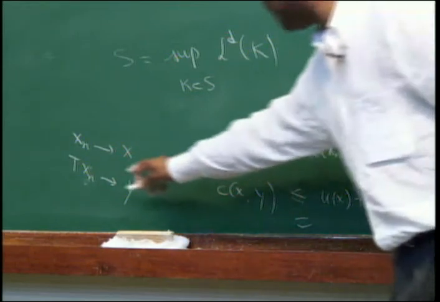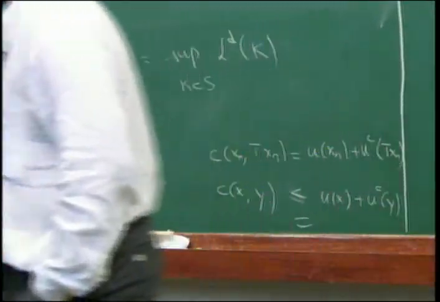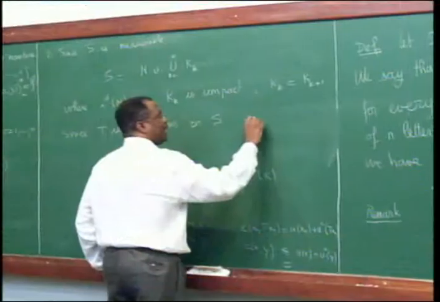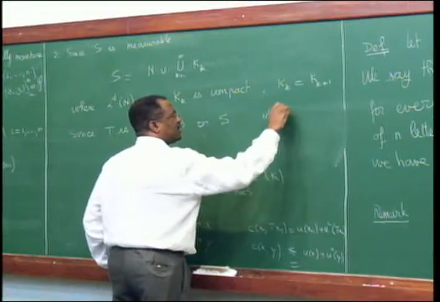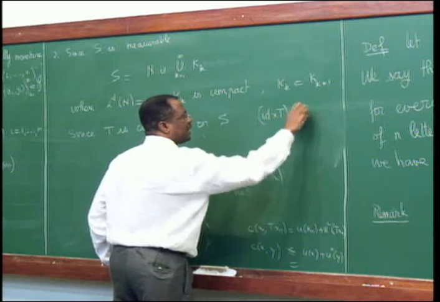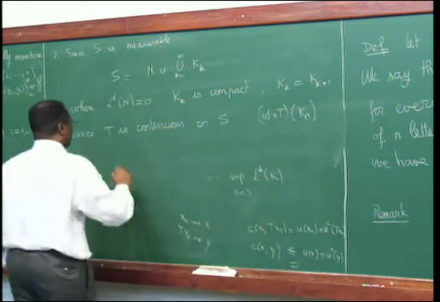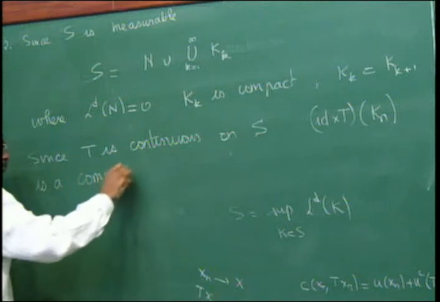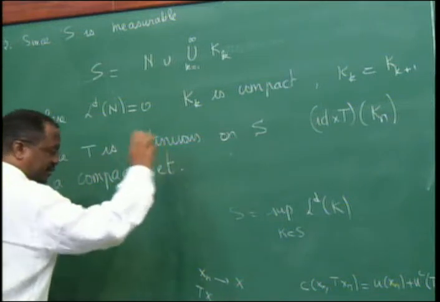So this proves that T of x_n converges to T of x, which means that T is continuous. So since T is continuous, identity cross T applied to K_n is a compact set. And so it is a Borel set.